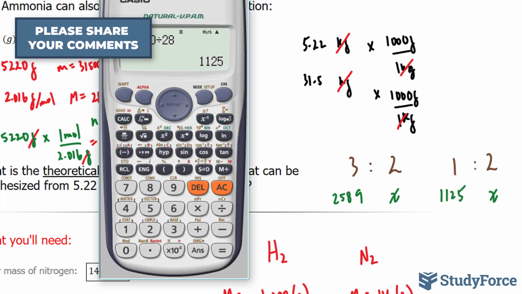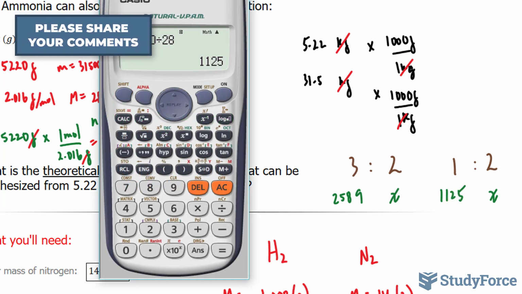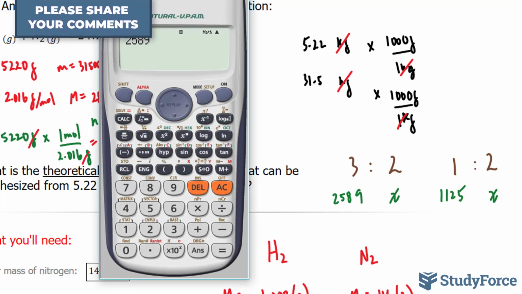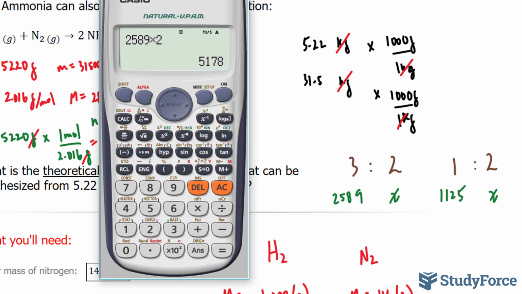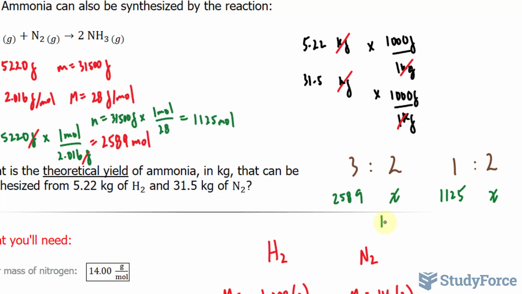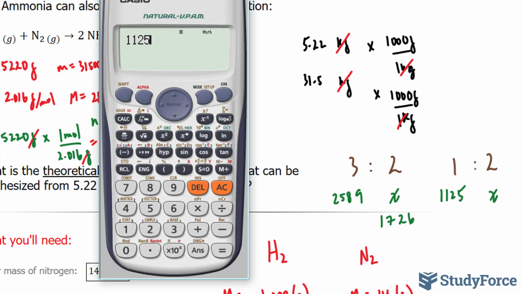To do this calculation, we cross multiply. So I'll take 2,589 and multiply it by the 2. Then multiply this x with the 3 and divide both sides by 3. This gives us 1,726. Let's do the same thing here. We'll take 1,125 and multiply that by 2, and x times 1 is x.